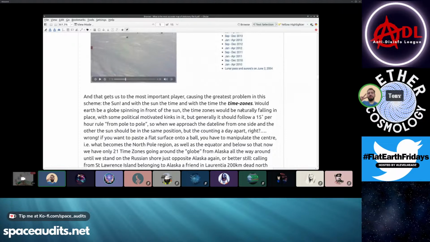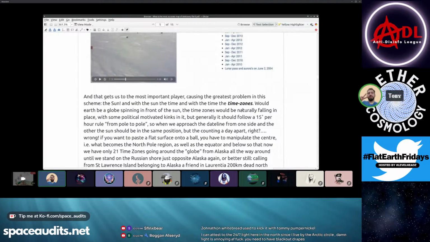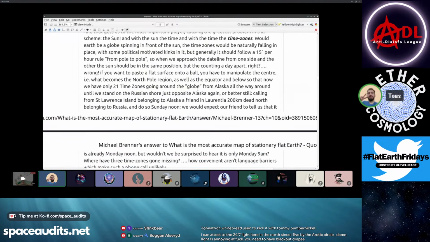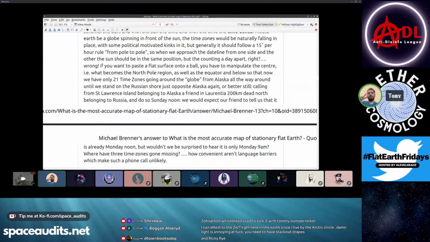You want to paste a flat surface onto a ball, you have to manipulate the center, i.e., what becomes the North Pole region as well as the equator and below, so that now we have only 21 time zones going around the quote unquote globe from Alaska all around until we stand on the Russian shore just opposite of Alaska again.